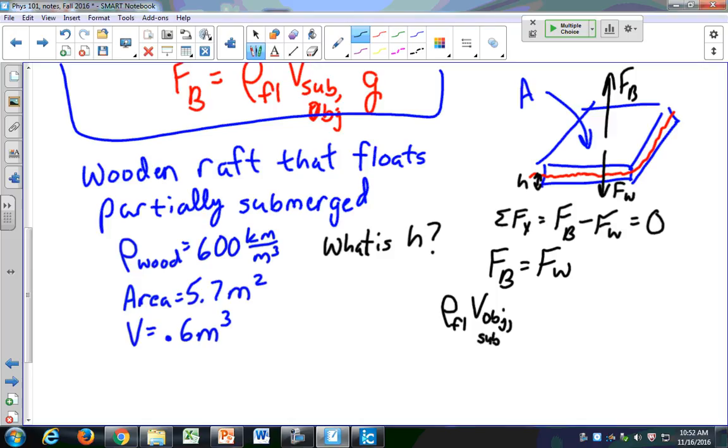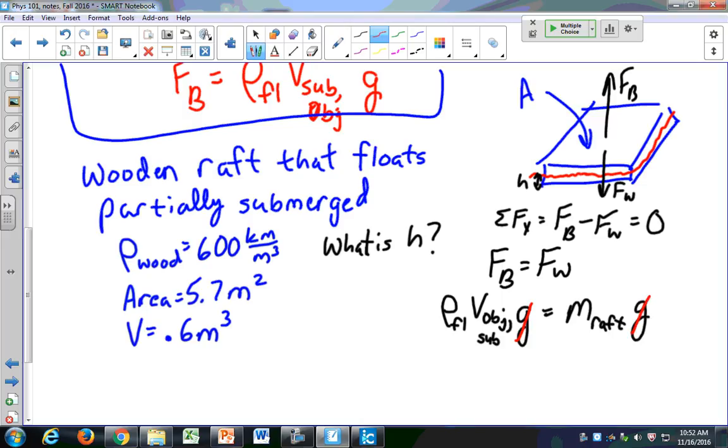So I'm going to put another little descriptor there that this is the density of the fluid times the volume of the object submerged. So some fraction of that volume is submerged times g. And then that's equal to the mass of the raft times g. Our g's cancel, so I'll just get rid of those.